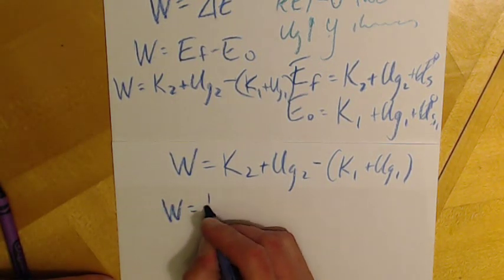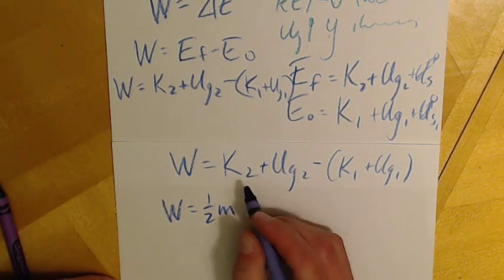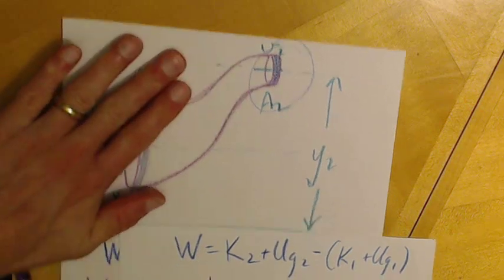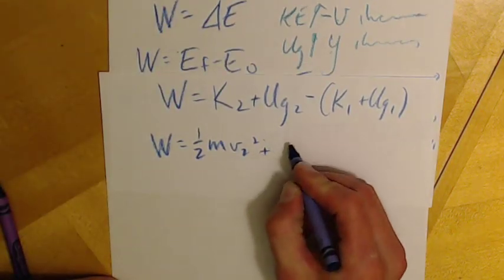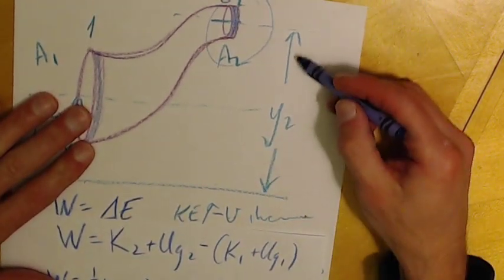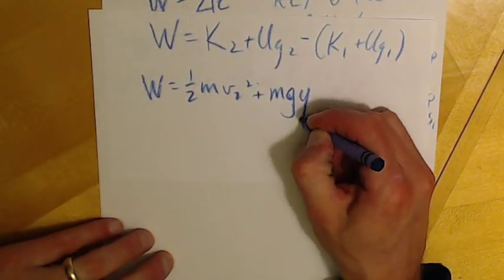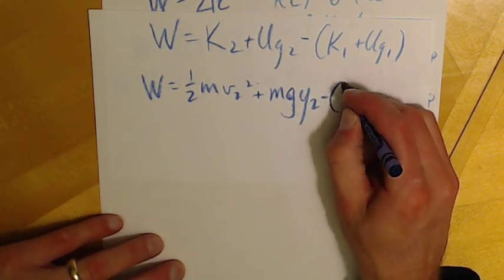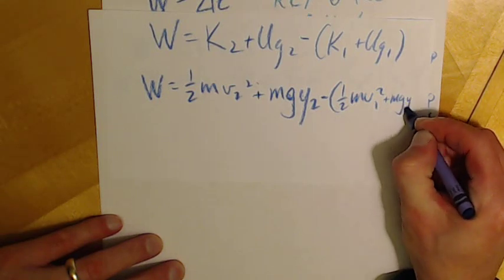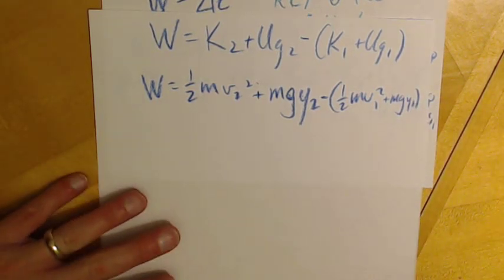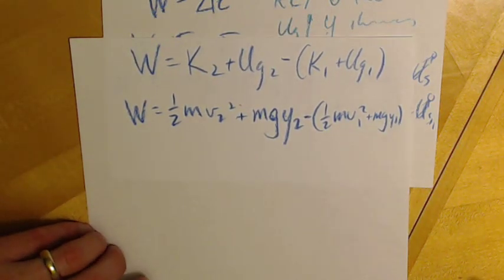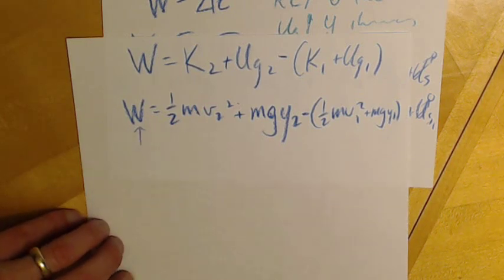Work is 1/2 the mass that's being moved times the velocity at 2 squared, plus mg, my final height is y2, minus 1/2 m v1 squared plus m g y1, which I know as well. Yay! I know some of this stuff. But I'm kind of stuck. I need to work on this work.